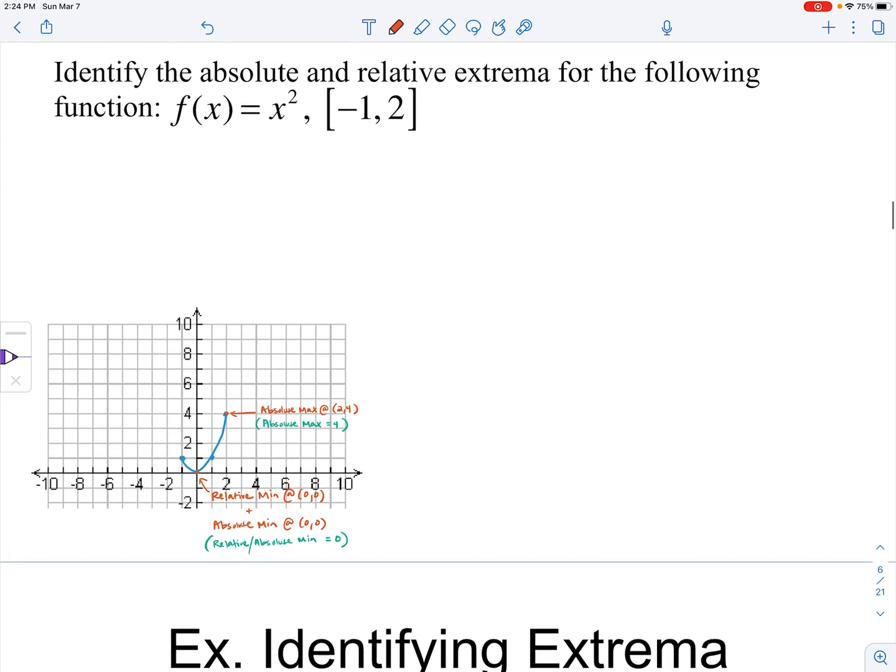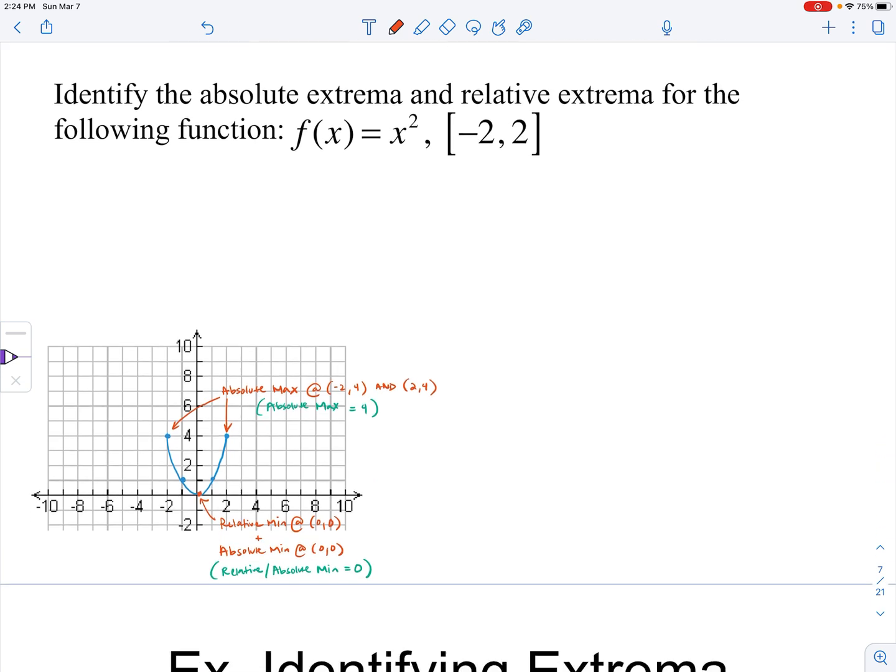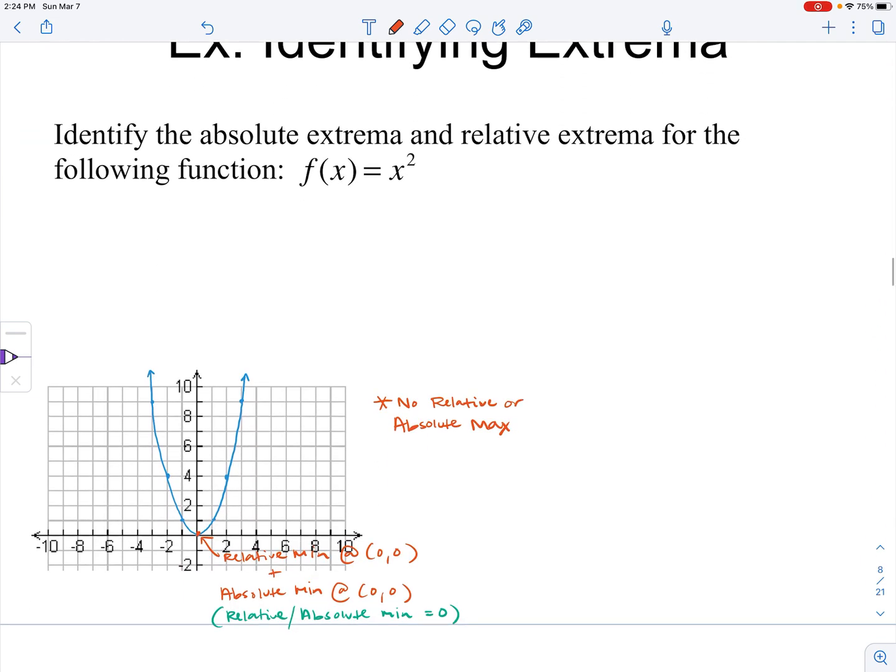Okay, so let's look at the examples we've worked through. Okay, so x squared from -1 to 2. And our focus in this section is absolute extrema. So x squared from -1 to 2, we had a point that represented the absolute minimum and absolute maximum. x squared from -2 to 2, we had 1 point that represented the absolute minimum, 2 points that represented the absolute maximum, but we had an absolute min and an absolute max.